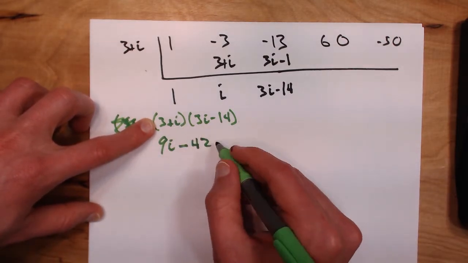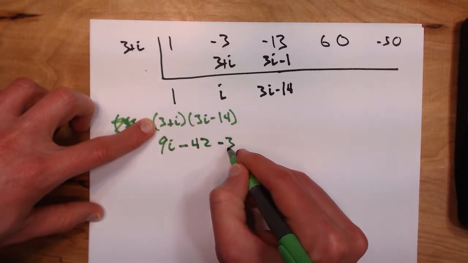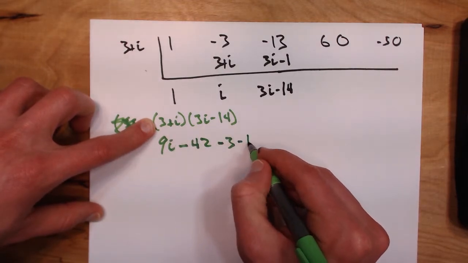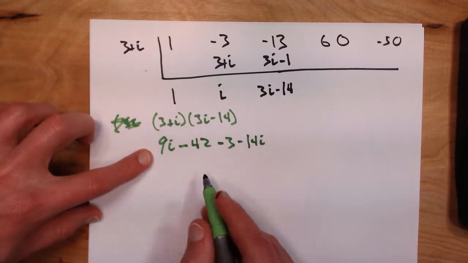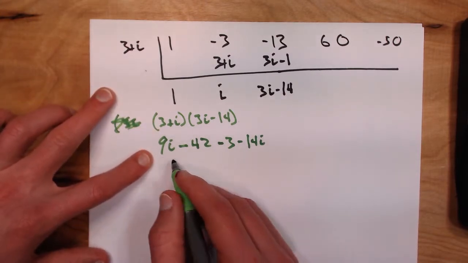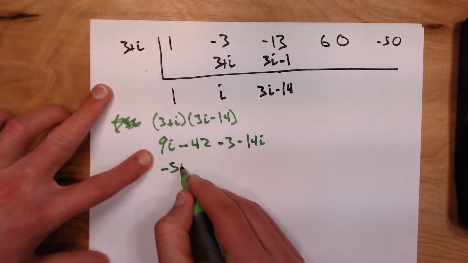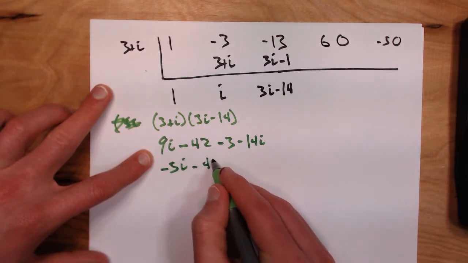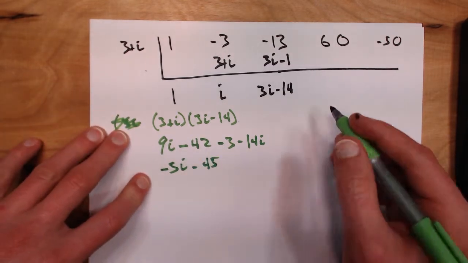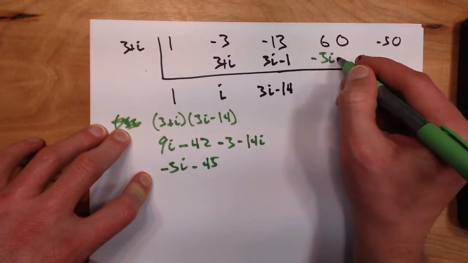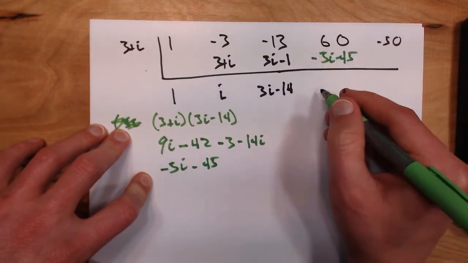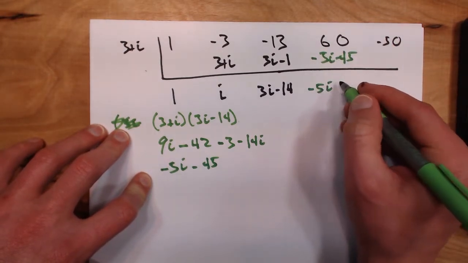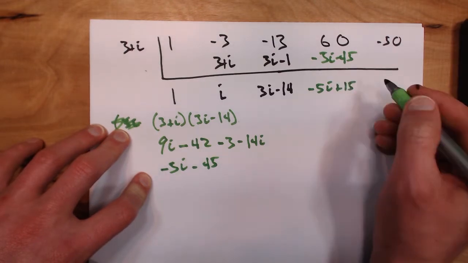I times 3i is minus 3, and that's minus 14i. I recommend writing your foiling out like this. You can do it in your head, but it's so easy to make mistakes. So we have minus 5i minus 45. Add these together, we get minus 5i plus 15.